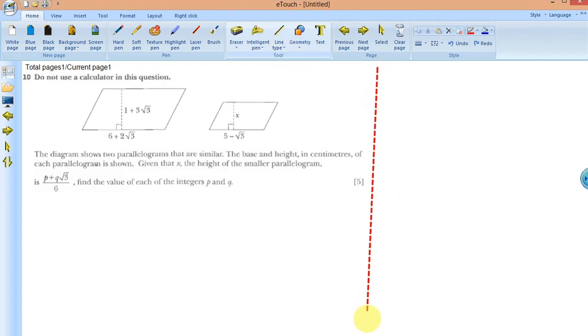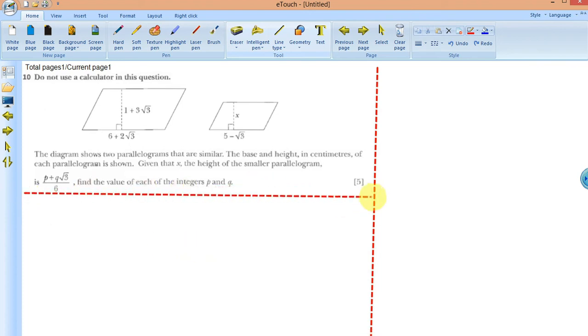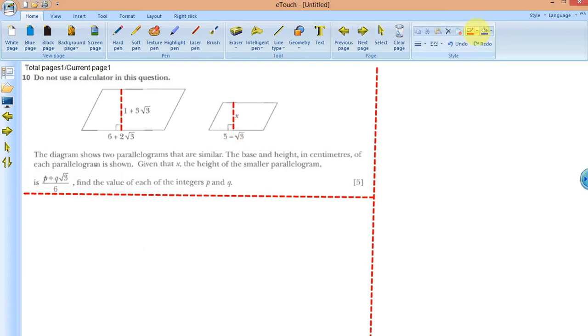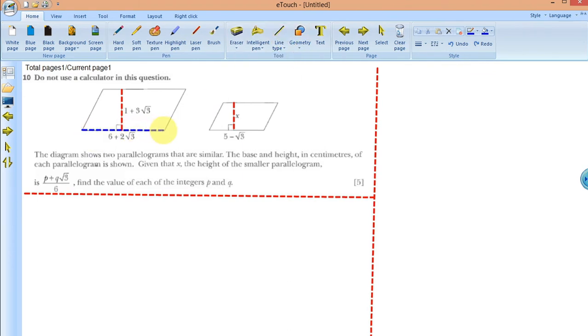In similarity, you compare the corresponding sides. So this side corresponds to this side. Let me change the color now to blue. Similarly, this side corresponds to this side.